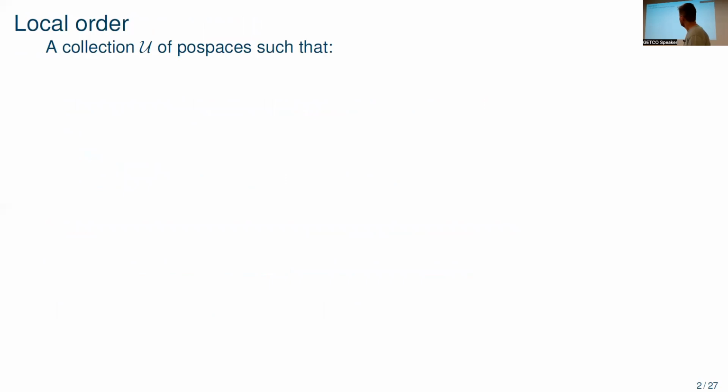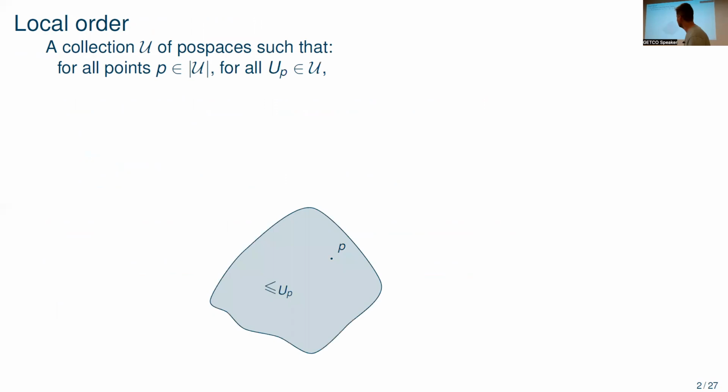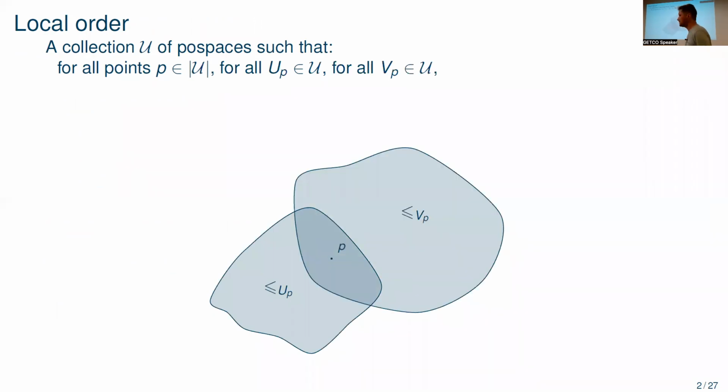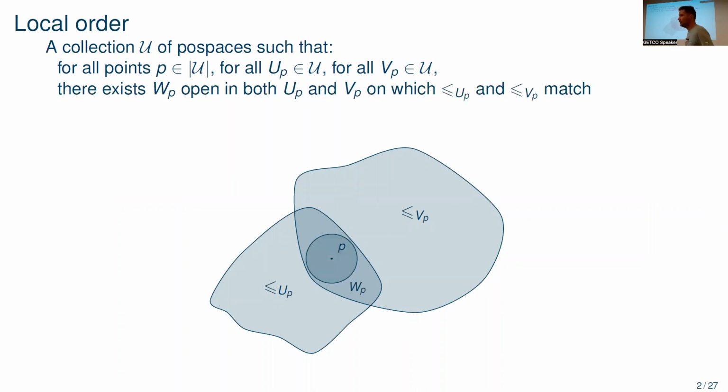Okay, so a local order is just a collection of pospaces. And what you require is that each time you have a point P which belongs to two pospaces U and V, then you can find a small open neighborhood of P on which both orders on V and U agree.